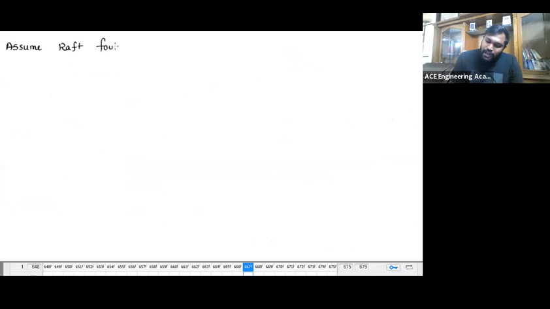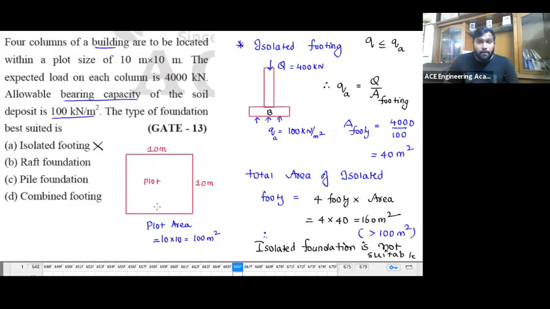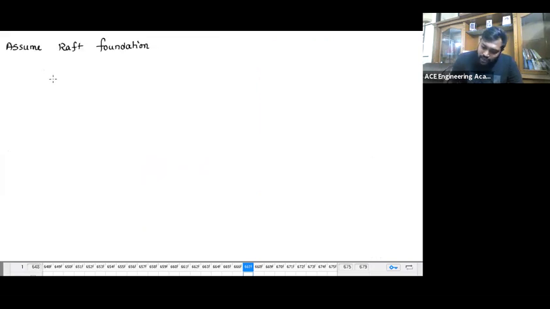If I assume the raft foundation, what is the meaning of raft foundation? The total plot area. So the area of footing is nothing but the area of the plot, which is 10 by 10, equal to 100 meters square.